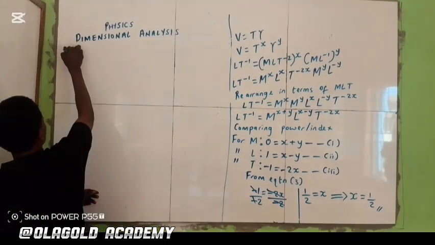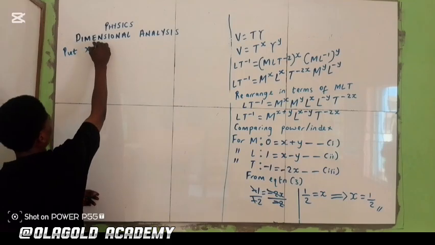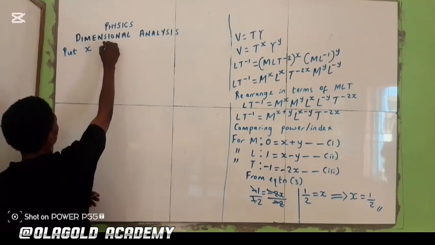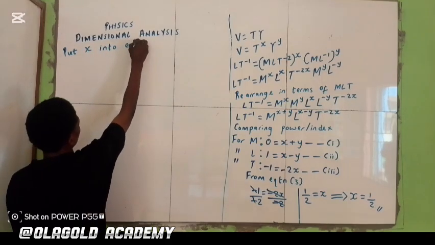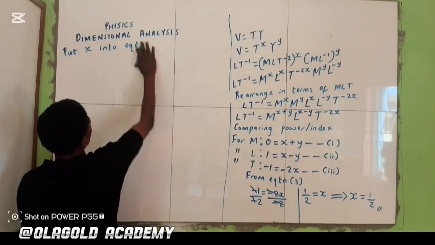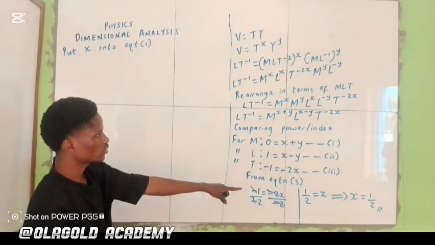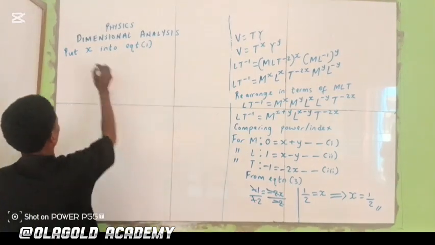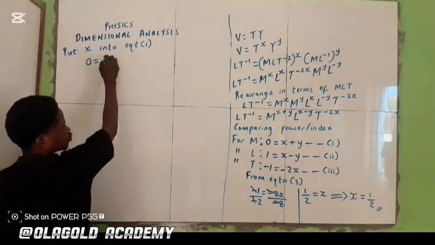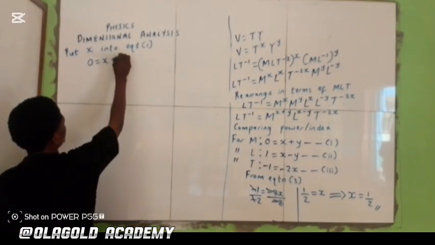Put x into equation 1. If we put x into equation 1, equation 1 is 0 equal to x plus y.